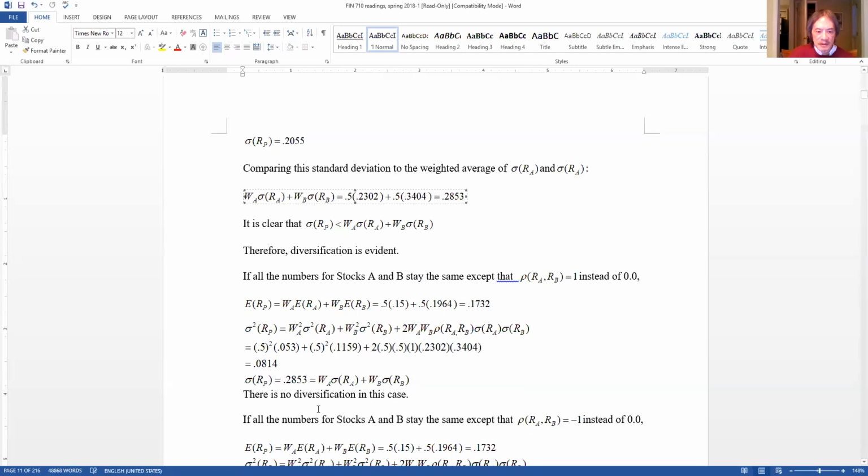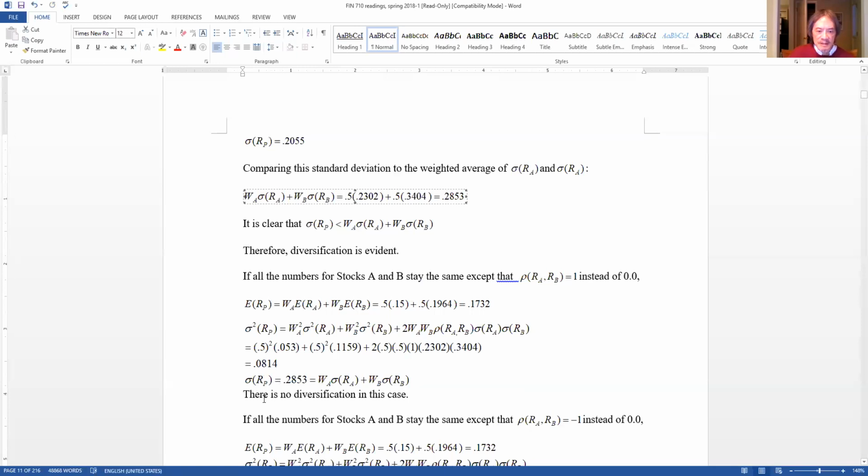So there is no special advantage in terms of the risk in this case. In other words, the risk for a portfolio is just equal to the weighted average, just like the return. The return is also equal to the weighted average. So there's no special advantage in this case.